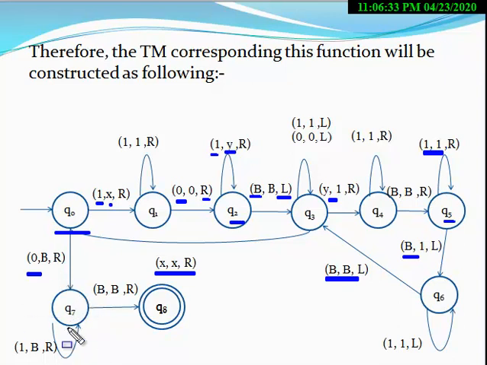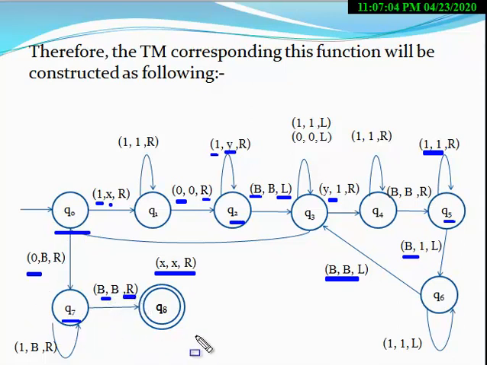According to the Q7 rule, when 1 appears, it is converted into a blank and the machine moves right. When a blank appears at the state Q7, the machine moves to the final state.